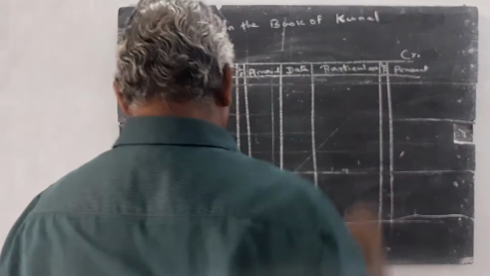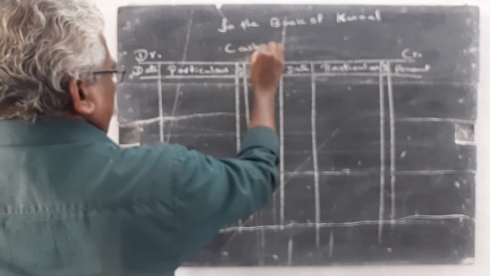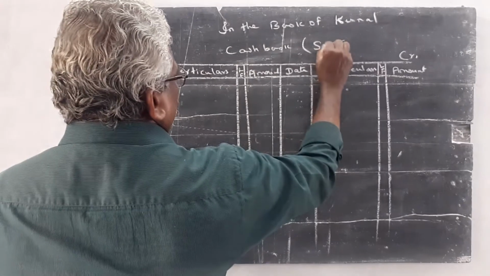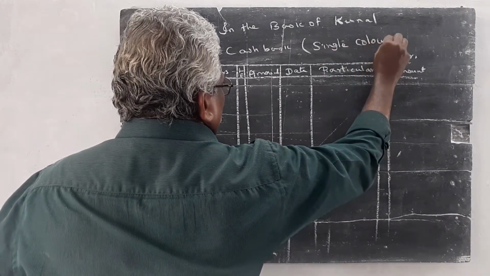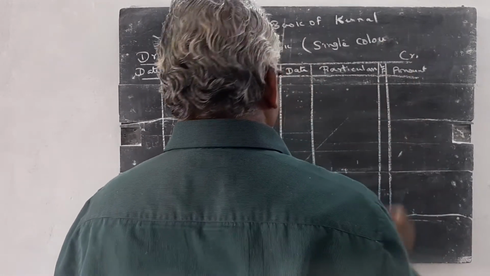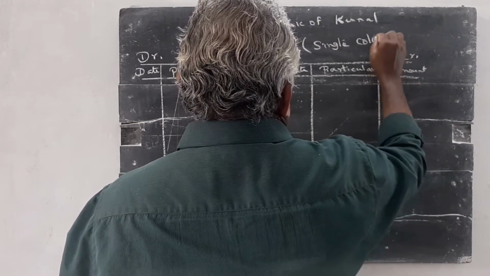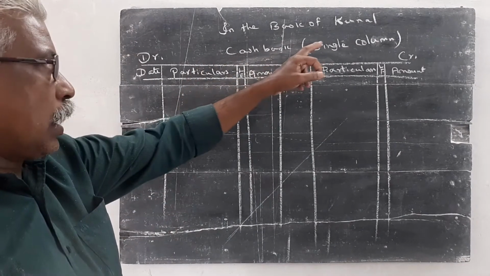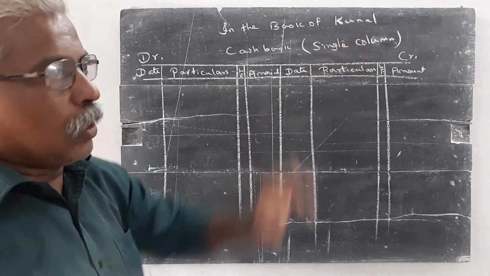Then the next line you write cash book, within bracket single column. In the books of Kunal, cash book, single column.